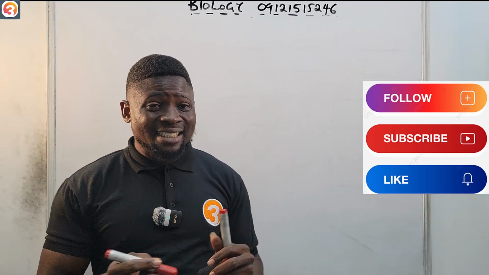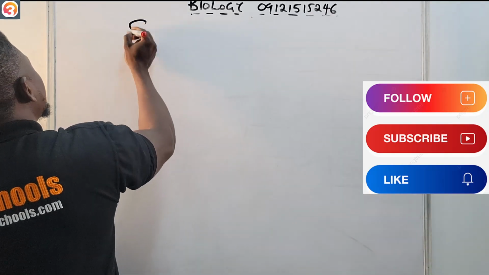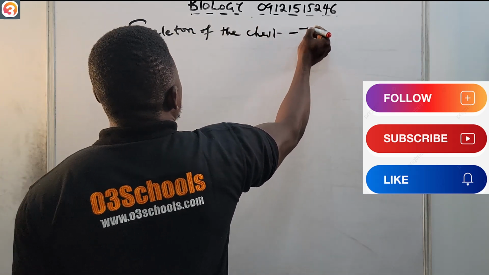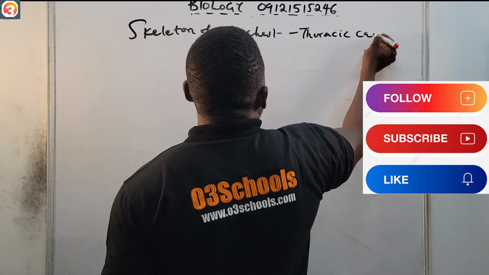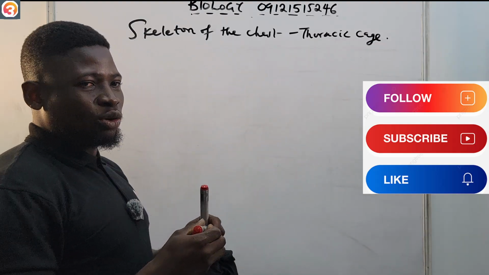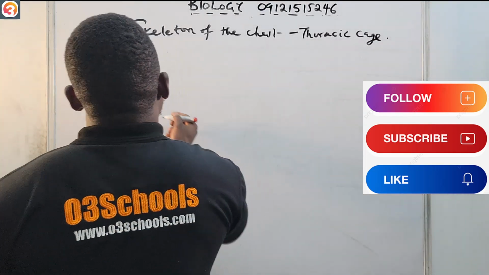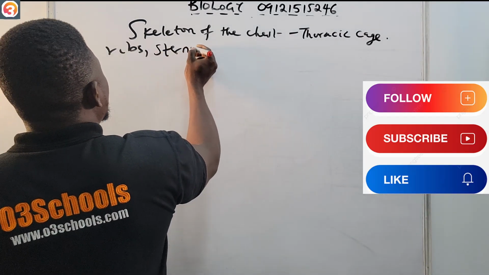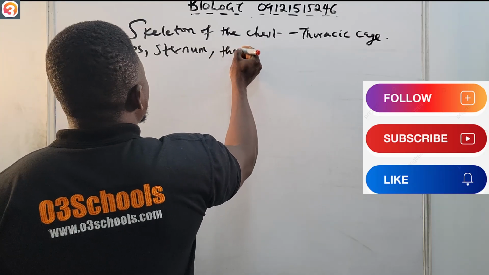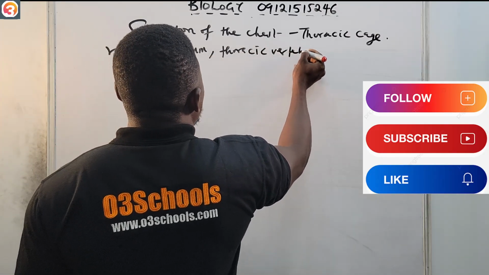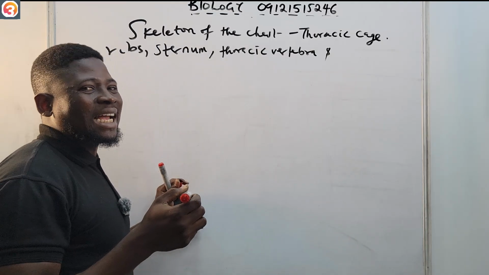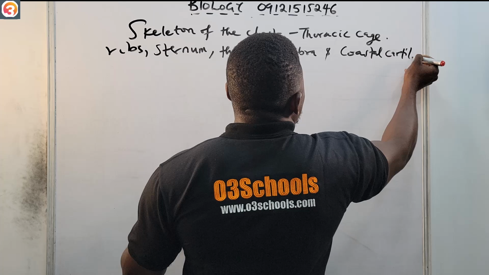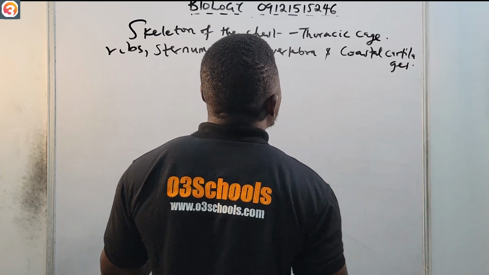Now, the thoracic cage is the skeleton of the chest. It is what we call the thoracic cage, and this thoracic cage consists of the ribs, the sternum, the thoracic vertebra, and also the costal cartilages.